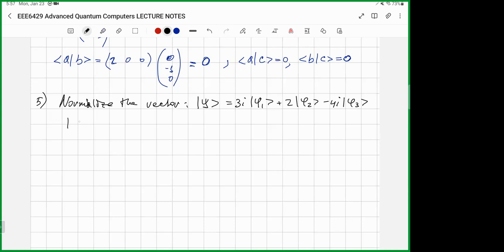And these vectors phi1, phi2, phi3, let's denote them by phi sub i, they are orthonormal.